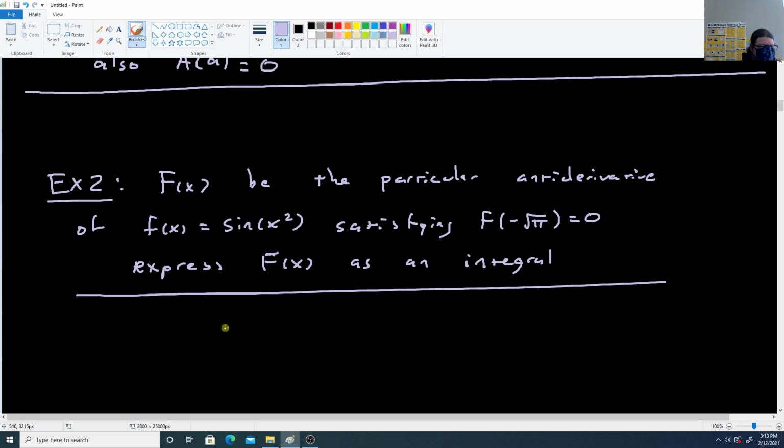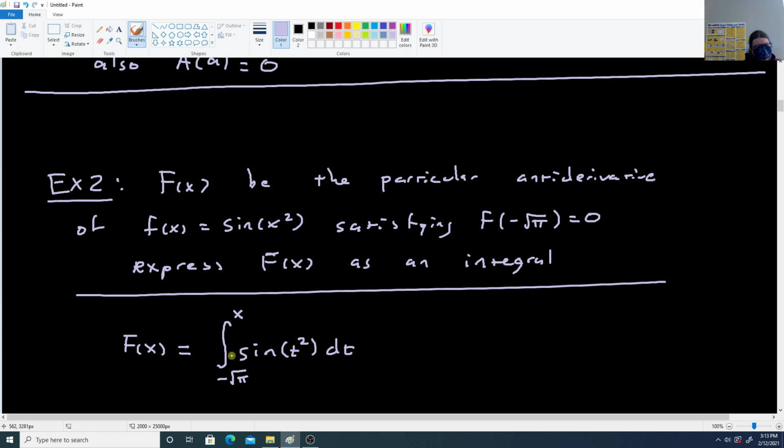So basically, we'll figure out the lower limit, but it's going to be the integral up to x of sine of t squared dt. This right here will have the right format. Since I want F of negative square root of pi to equal 0, I need to set the lower limit here to be negative square root of pi. And then this is basically our integral. This will be the capital F of x.